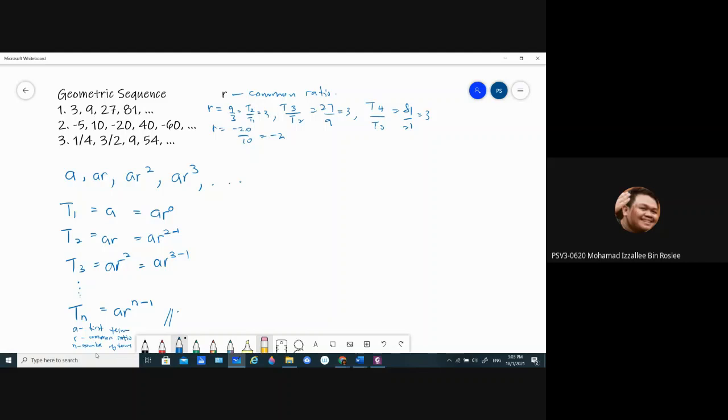Sequence number 3. What is the ratio? What is R? Term 2 is 3 over 2, divided by 1 over 4, which is also the same as multiplying by 4 over 1. Is this correct?